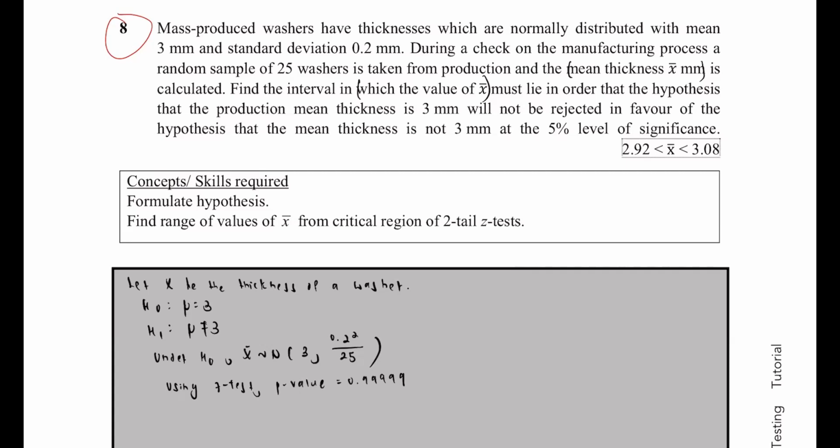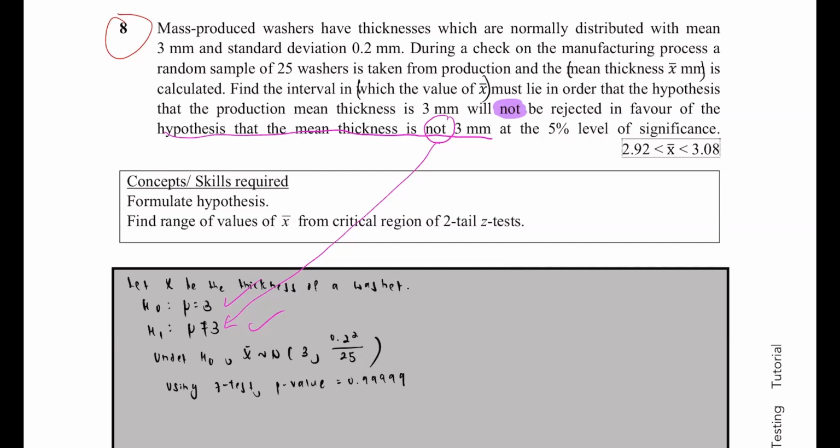So you don't want to reject it in favor of the hypothesis that the blah blah blah is not 3 mm. I think they're just telling you the alternative hypothesis, right? Good. Then it will not be rejected. So you don't want to reject it means what happens?